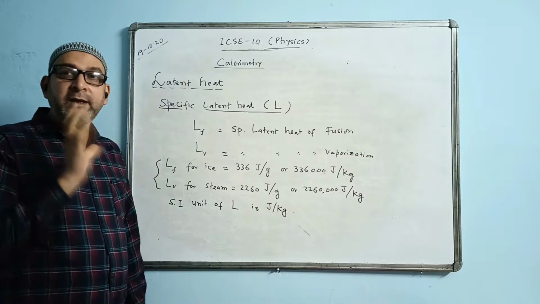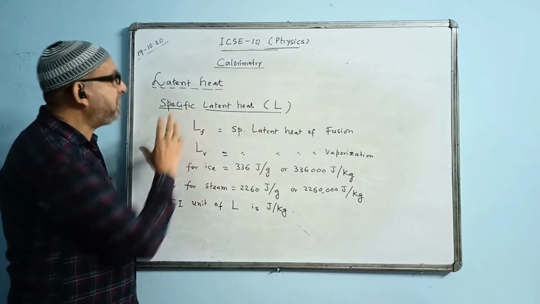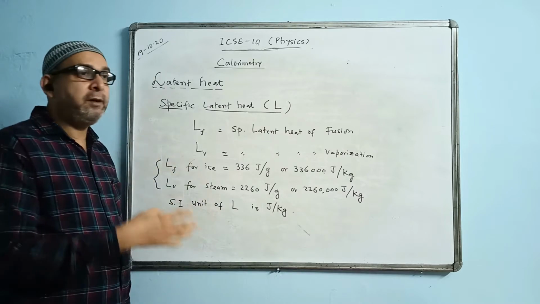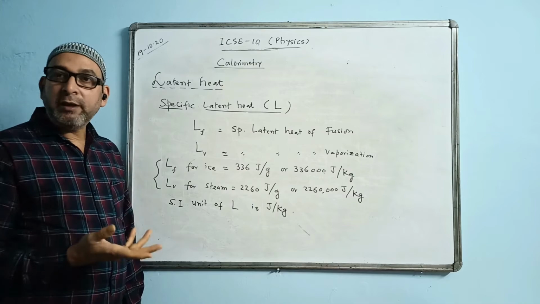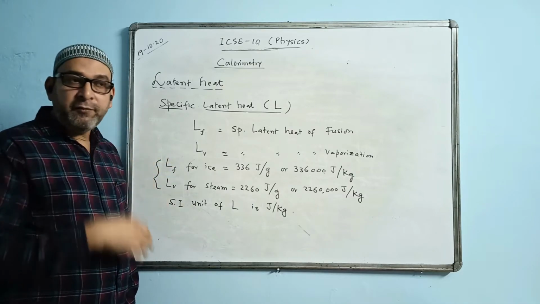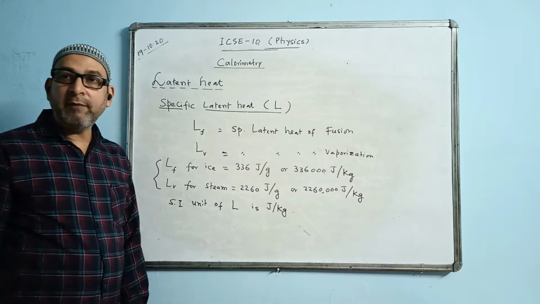So there, heat is required to change the temperature. And this is the amount of heat required to change the physical state from one form to another, like solid to liquid. This is involved during change of state only, that means for melting, vaporization, freezing and condensation.